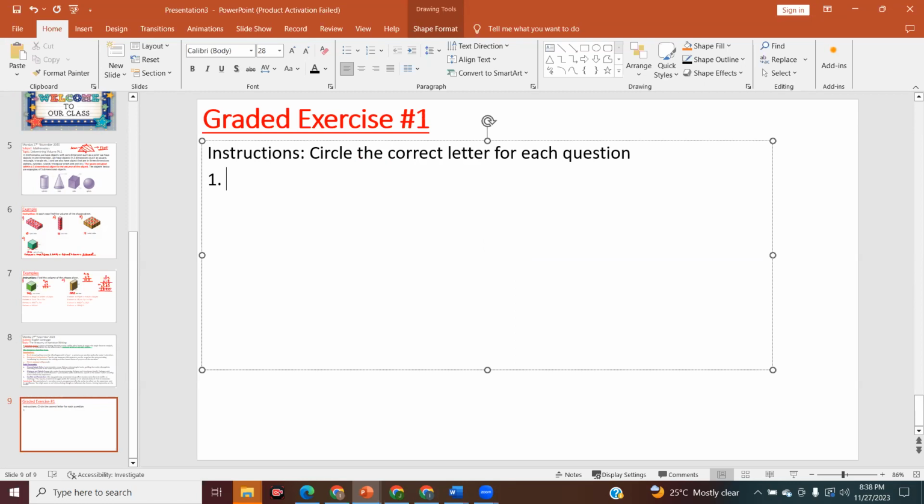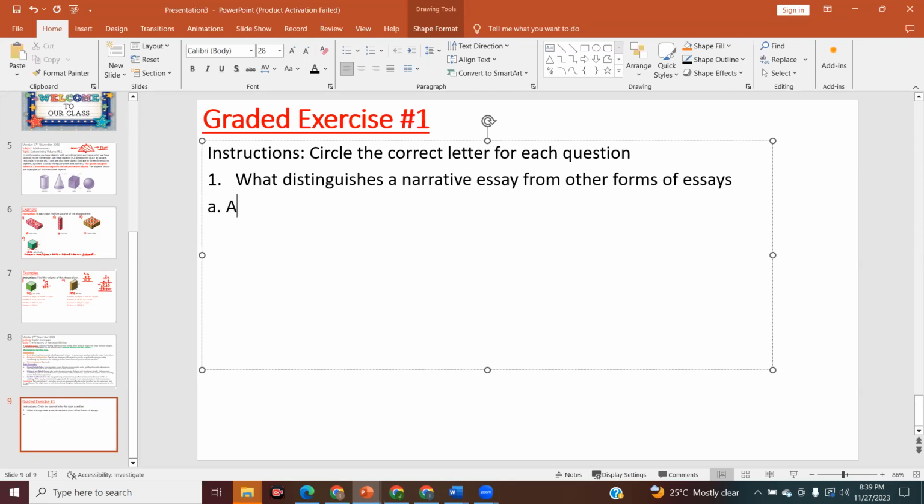Some of you are always looking for a shortcut. All right, so let's begin with the first question. Number one, what distinguishes a narrative essay from other forms of essays?